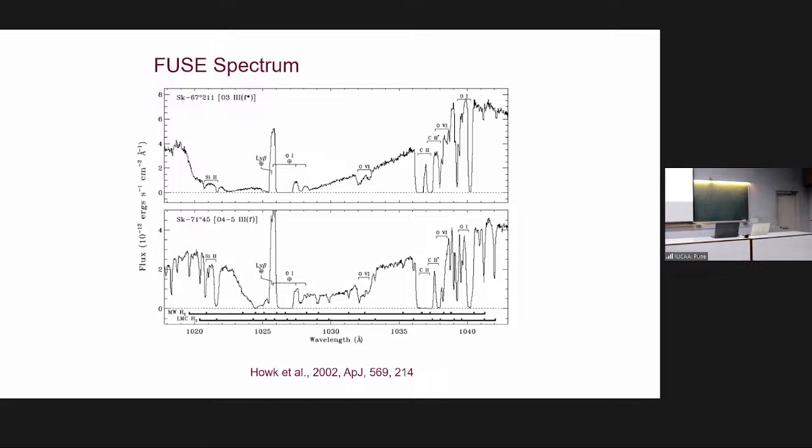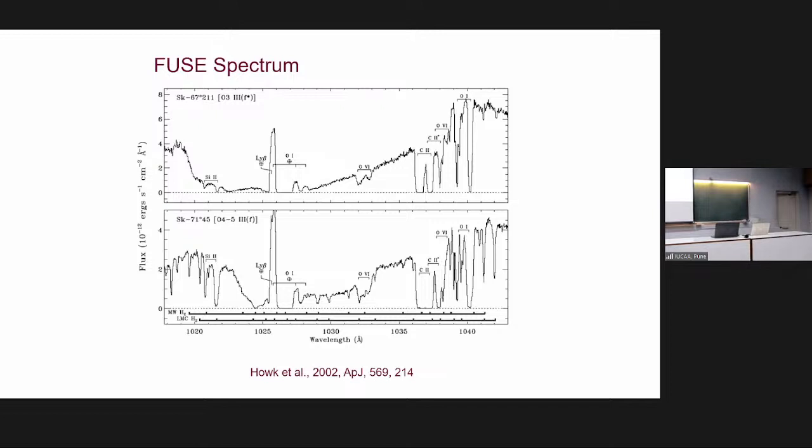We are interested in this O6 line, which is present at about 1032 angstroms. O6 lines are here and also here, but here it is very crowded, in the sense that several other ions are giving lines. It will be difficult to extract the correct information. So we chose this one.